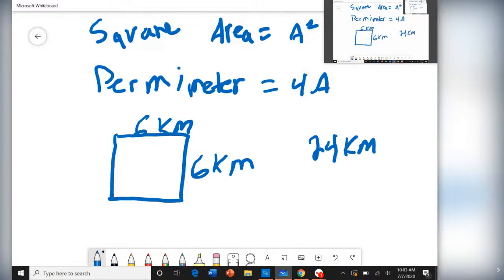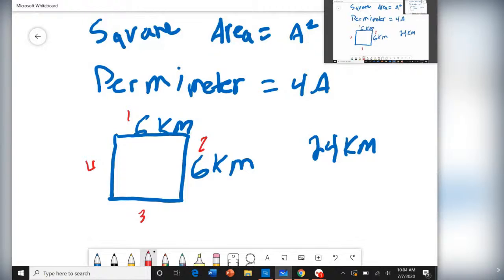Even though you only had 1 or 2 sides, we know that in a square, all 4 sides are equal. So we know 3 and 4 are going to be the same. If you're taking the test and it only gives you 1 side, don't freak out and think, oh my God, I don't know what the other 3 are.